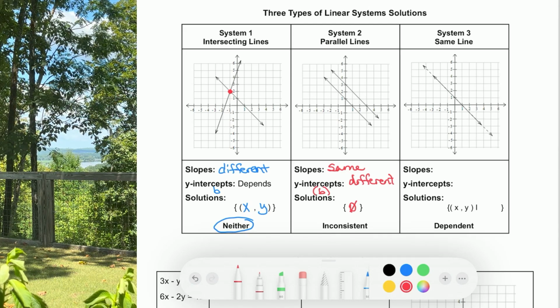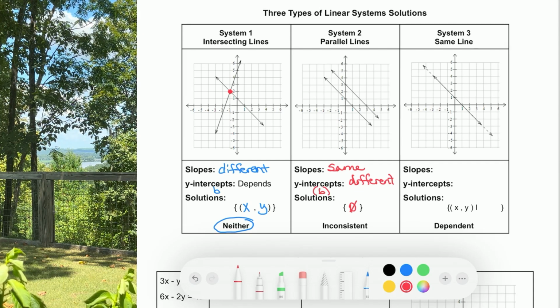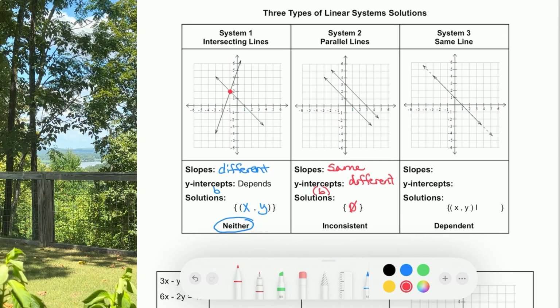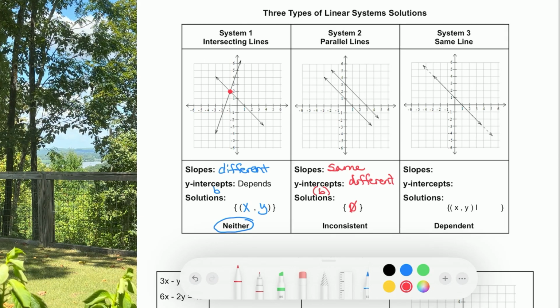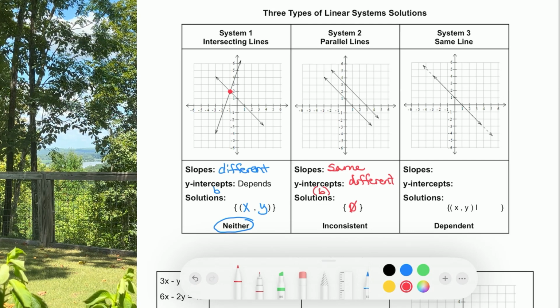System 3 is basically the same line. So they'll give you two linear equations, but when they are checked, you'll actually realize you have the same equation. One might just look slightly different because it has larger factors than the other one, but if you were to simplify them, they would be the exact same equation.